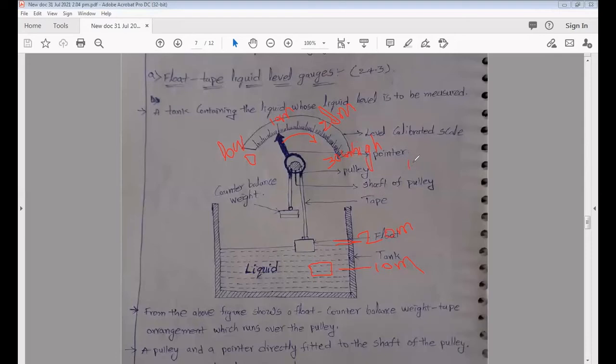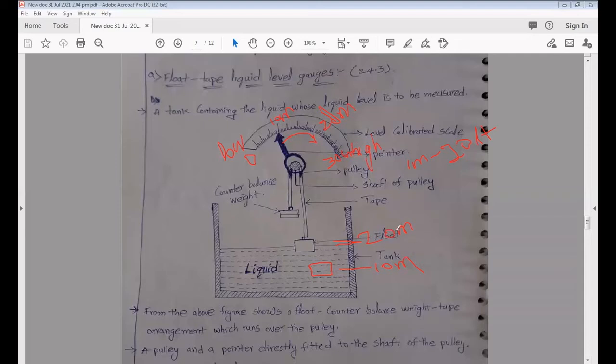Suppose for example, 1 meter of water head liquid level in the tank gives 20 liters of liquid. The quantity increases accordingly with the meters, so we can calculate it from the liquid head level. For 10 meters, 10 into 20 is 200 liters.